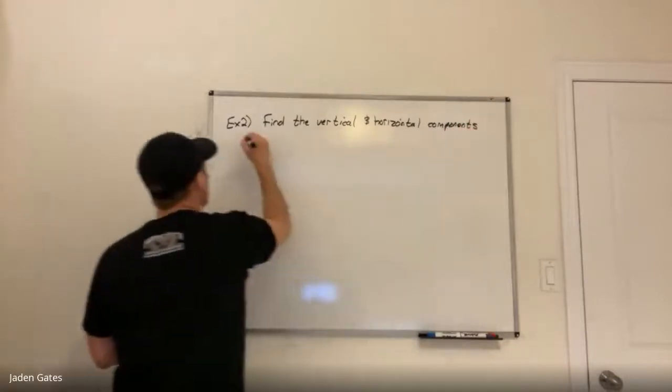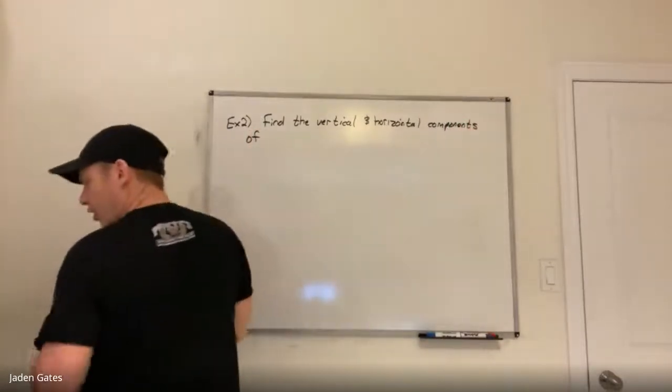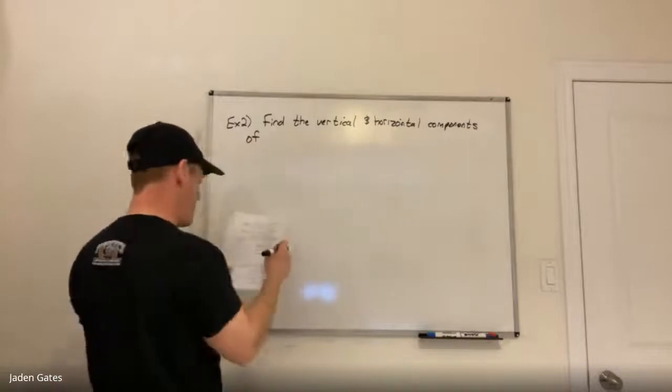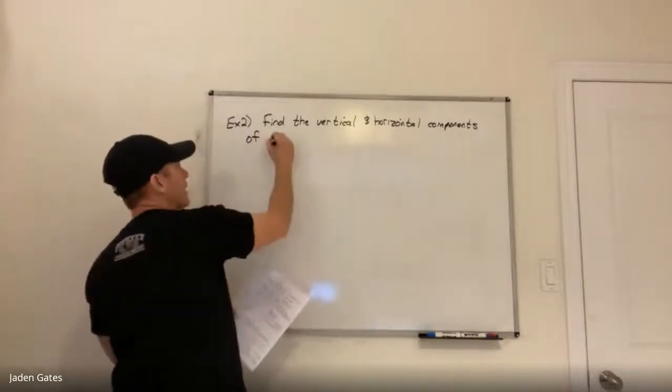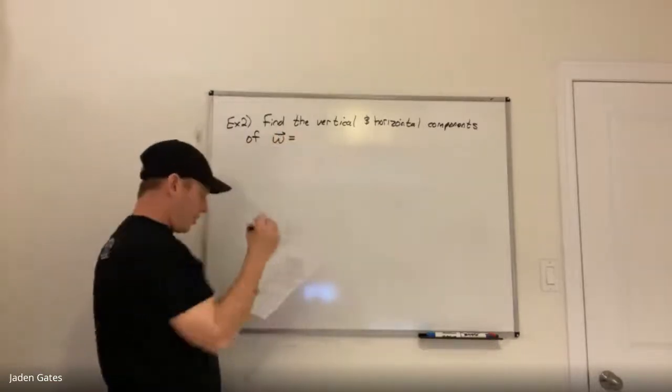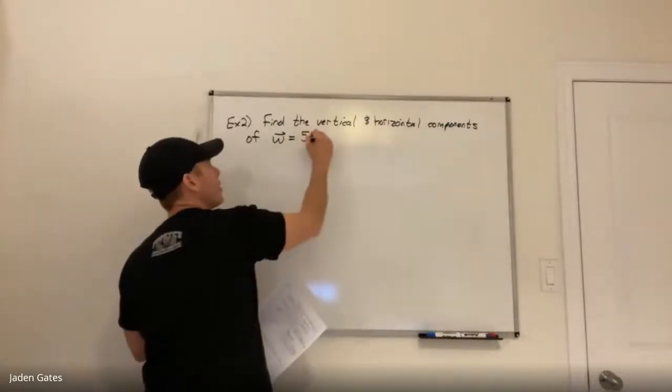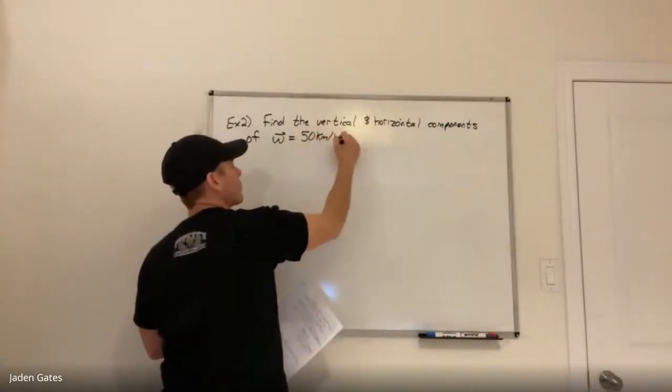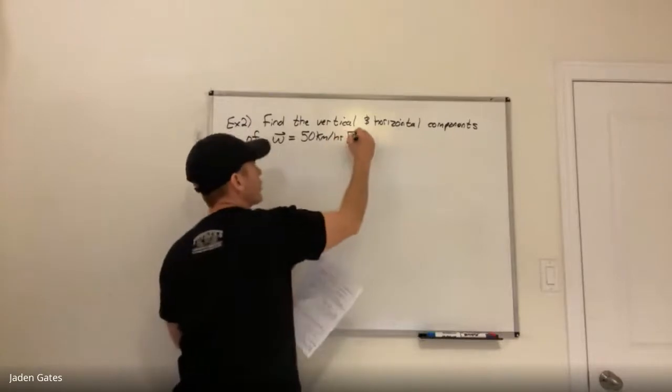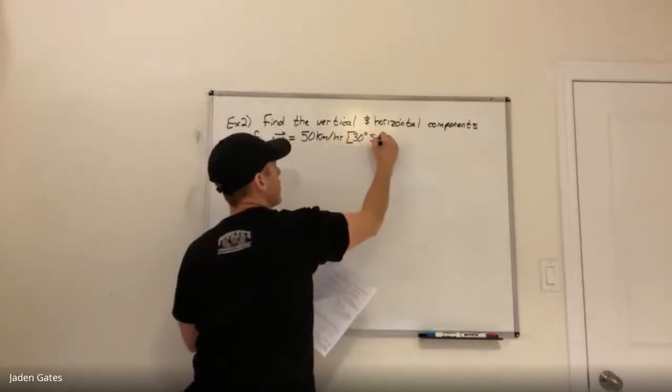What am I going to call it? It's a speed, or a velocity, or maybe it's a wind, I don't know. So I call it vector W, which is equal to 50 kilometers an hour. Again, dealing with the same vector here, 30 degrees south of west.